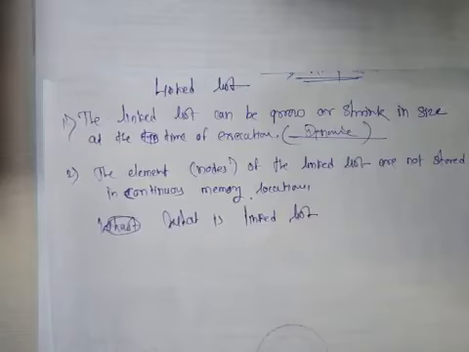They are scattered all over the memory, but these elements are still bound to each other. This ordering and bonding between the elements is maintained by an explicit link between them.